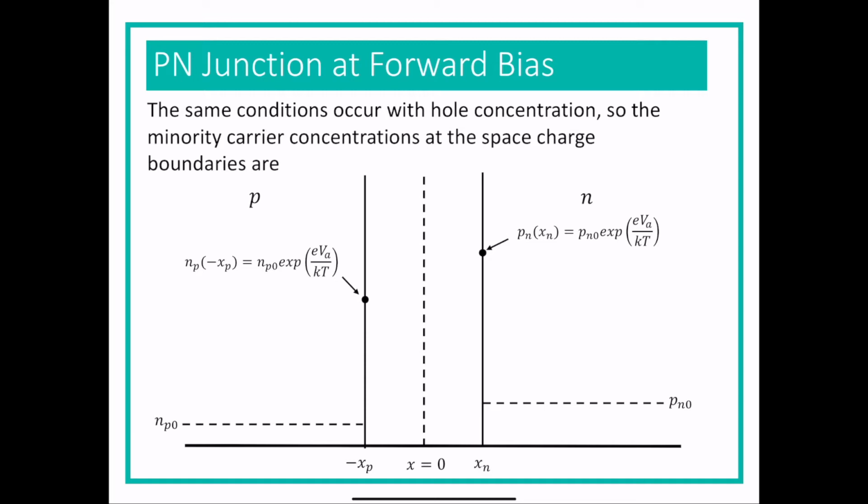And I guarantee you having all those P sub N and N sub P and NOs and POs is confusing, but it's okay. We'll get past that, and then we won't have to worry about it again.